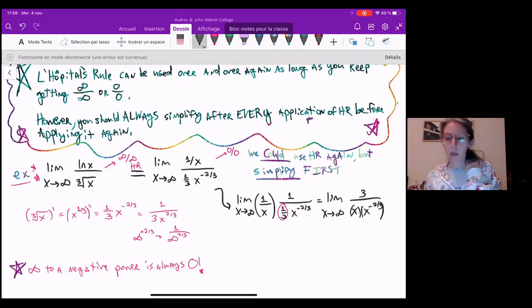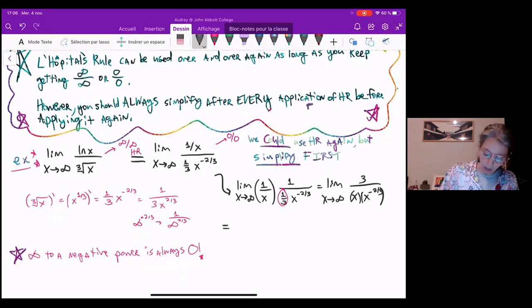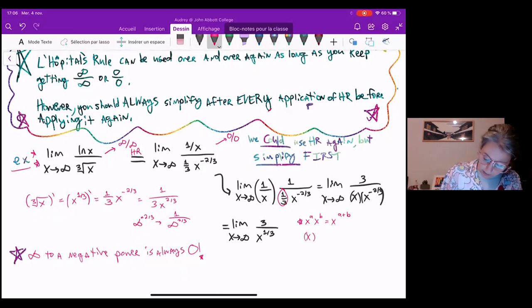But we know that x to the a times x to the b is equal to x to the a plus b. So this is the limit as x approaches infinity of 3 over x to the 1/3. And here I just used x to the a times x to the b is equal to x to the a plus b. So x times x to the negative 2/3 is x to the 1 minus 2/3.